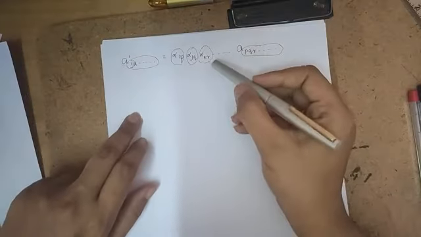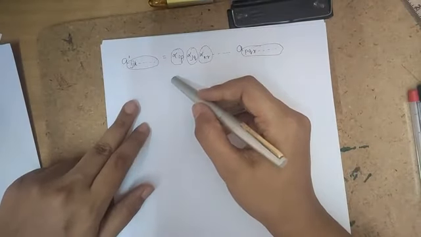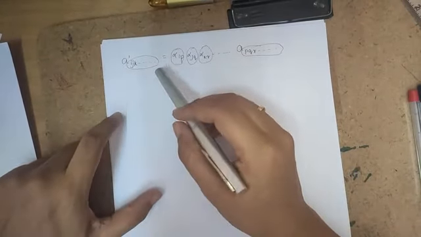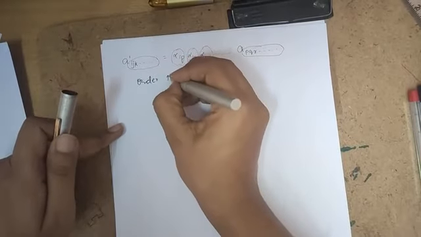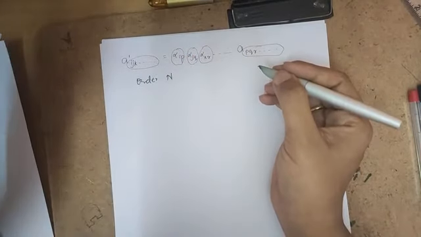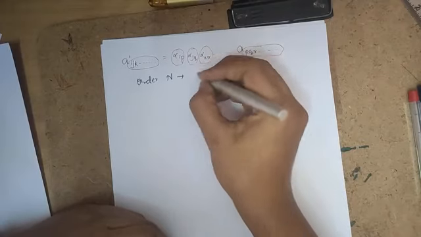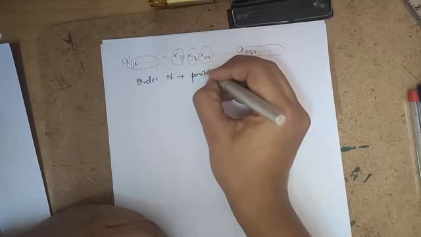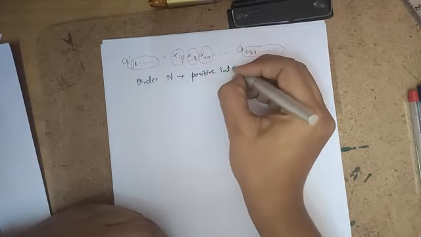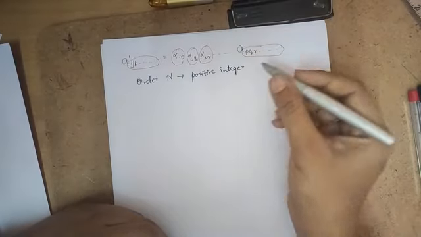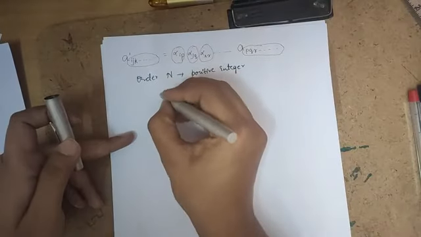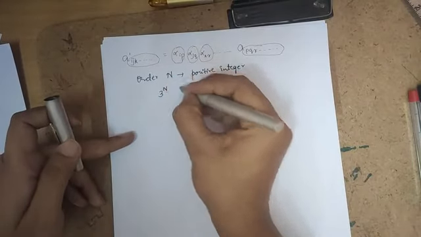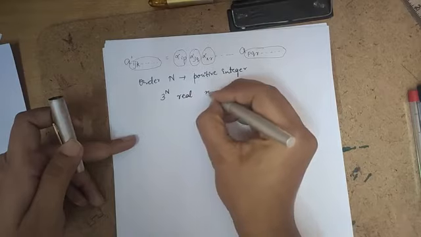So I can define a Cartesian tensor of higher order as a Cartesian tensor of order n. Order is n, that is higher order. There is no fixed value for n. It may be 3, 4, 5, 6, anything. This is my positive integer. It is an entity that may be represented as 3 power n real numbers.